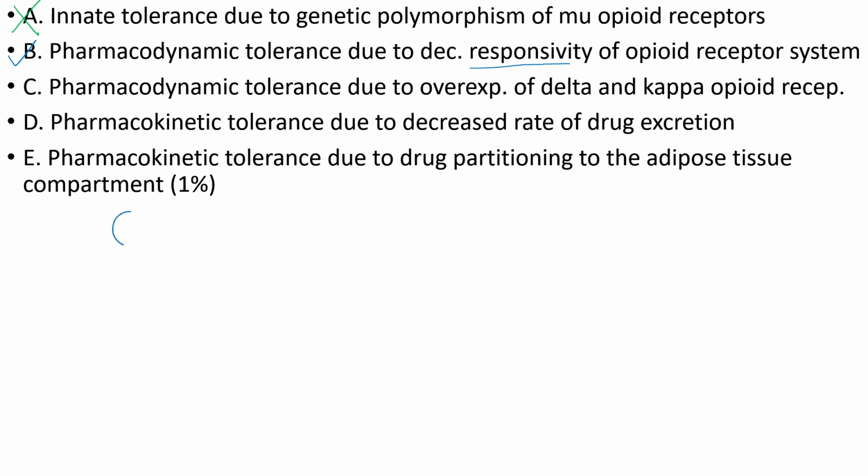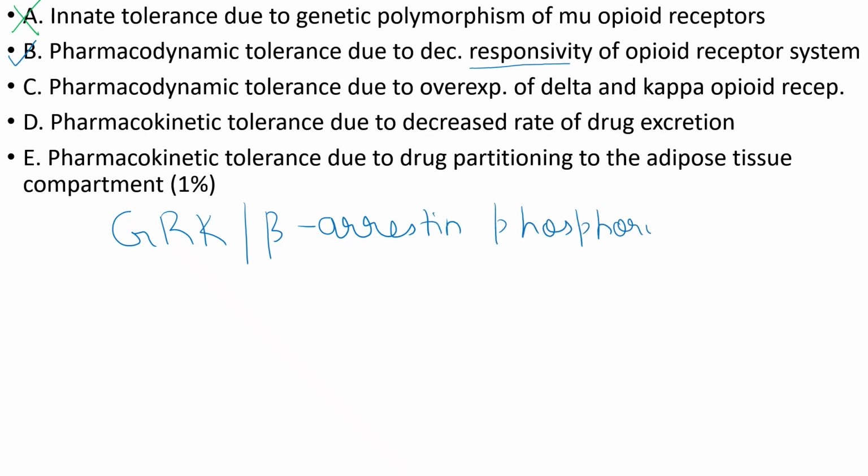Decreased responsivity, GRK or beta arrestin phosphorylation. This is a mechanism, you should know this. GRK or beta arrestin phosphorylation of mu opioid receptor.